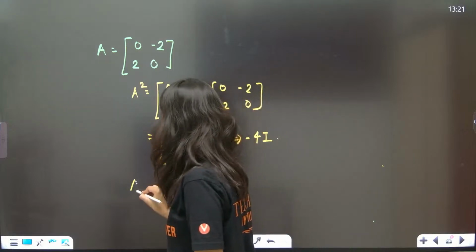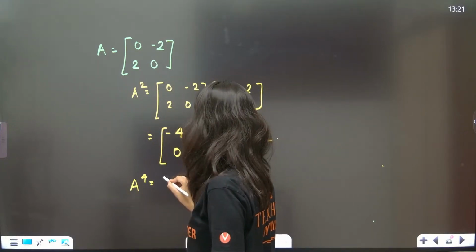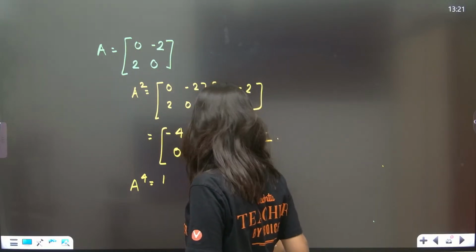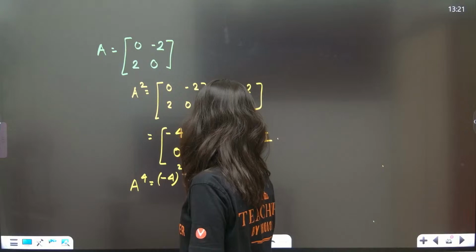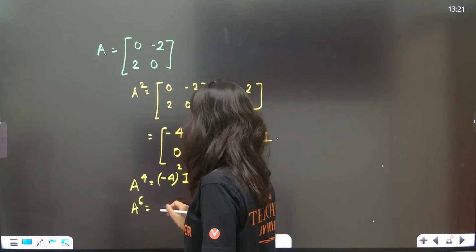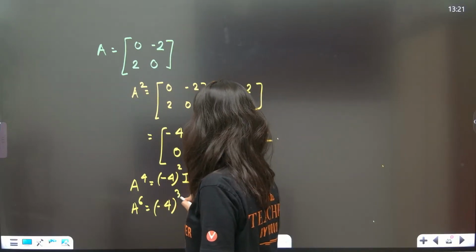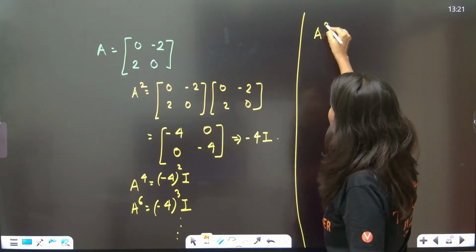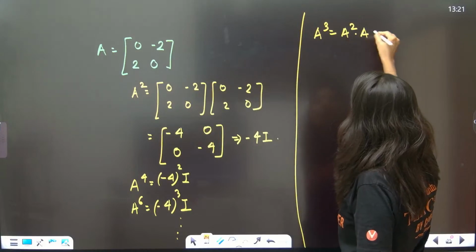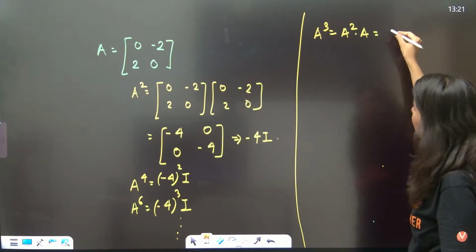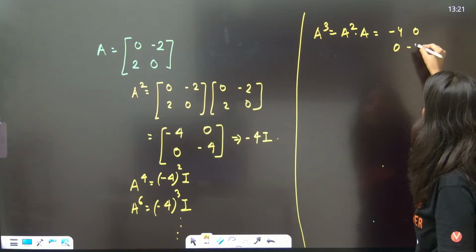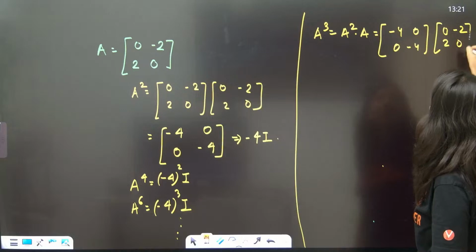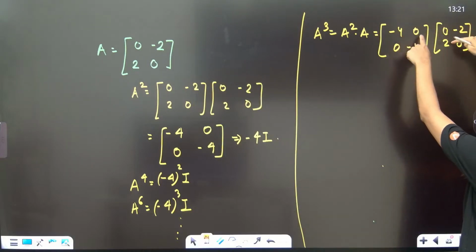A power 4, anybody? A power 4 will be 16I, or you can say minus 4 squared I. A power 6 will be minus 4 cubed I, and so on. Now A cube will be A squared dot A. A squared is minus 4, 0, 0, minus 4, and A is 0, minus 2, 2, 0. Row 1, column 1 is 0 again.